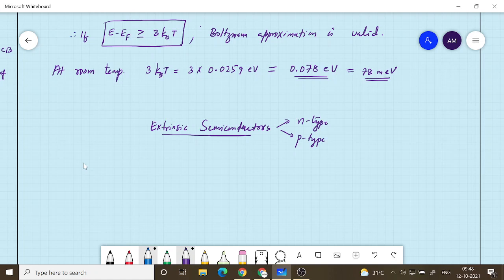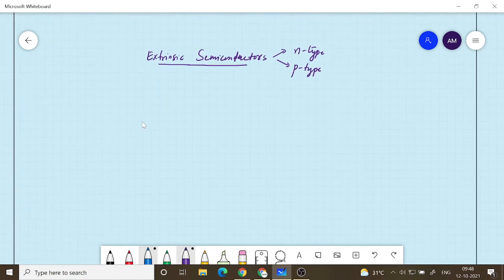Okay, so where we are replacing the silicon atom in the crystal with donor impurity or acceptor impurity. Okay, if you replace it with the donor impurity, you create level just beneath the conduction band, so that from there electron can go easily to the conduction band. Okay, the difference between the donor level and the bottom of the conduction band, we have seen it is of the order of 0.01 electron volt to 0.05 electron volt.